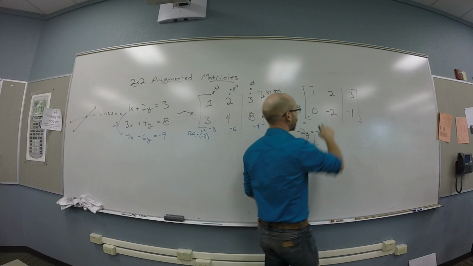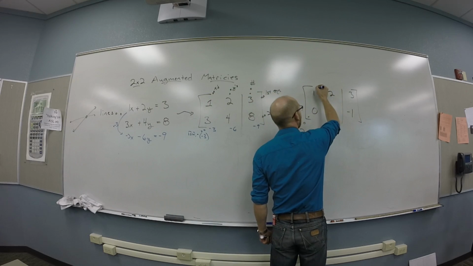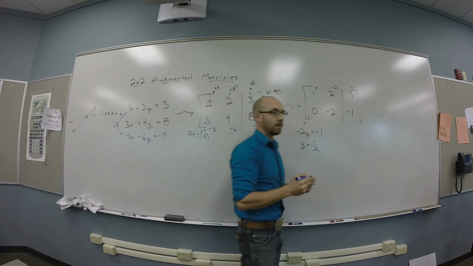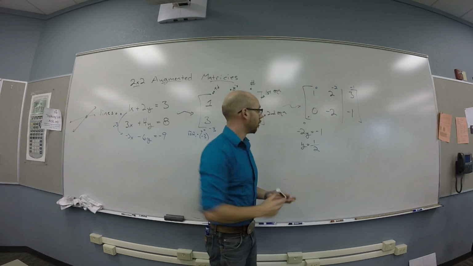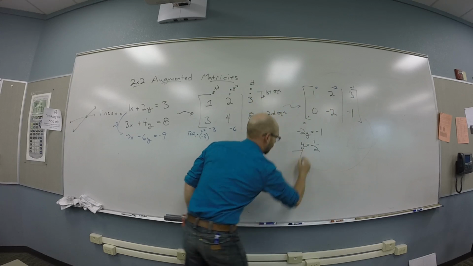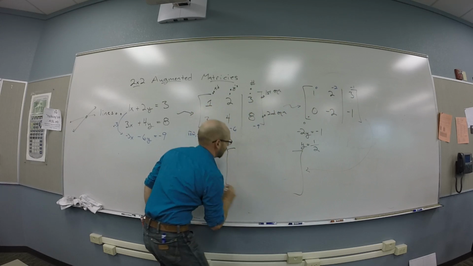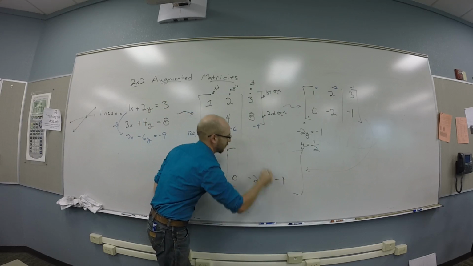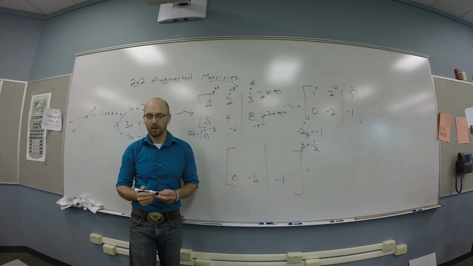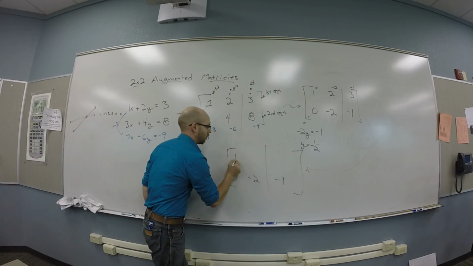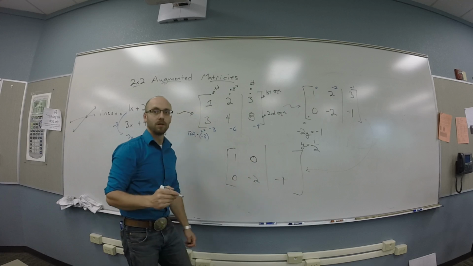So what I'm going to do is write the bottom row just up here. I got 0, negative 2, negative 1, right? And then I'm going to make a new matrix, and I'm going to leave the bottom row alone. And what's the top row going to become? 1, 0, 2.